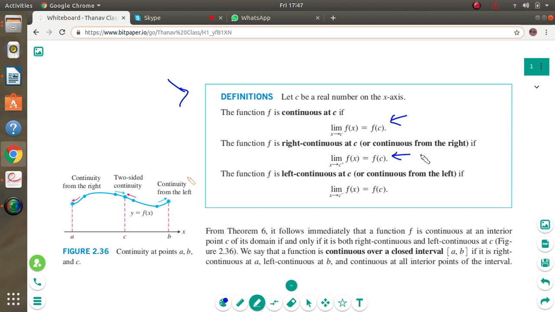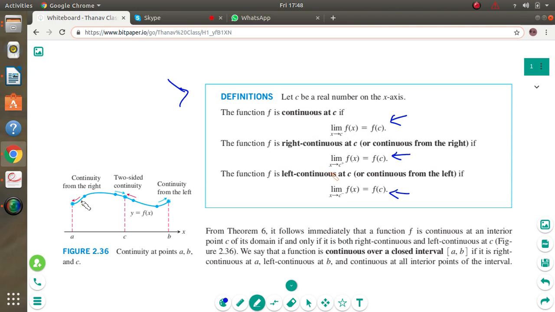The function f is left continuous at c if limit x tends to c minus of f(x) is equal to f(c). So left continuous means the left hand limit equals the value at the point. Right continuous at c means continuous from the right. Continuous at c means the limit at the point is equal to the value of the function at c.